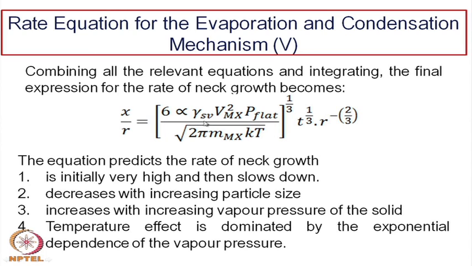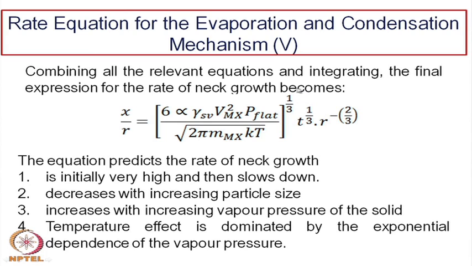6 alpha gamma V m x square, and P flat, P sub flat means the vapor pressure on the flat surface, and then in the denominator you have root over 2 pi m x, that is the mass of the formula unit, and k and T temperature.